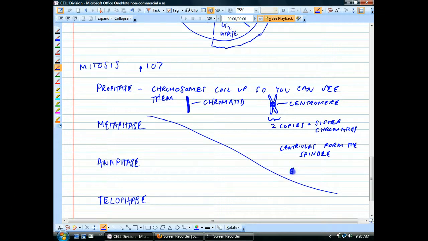Basically, a centriole is a little organ that works almost like a little pulley system. And the spindle is made of cytoskeleton fibers that join like this. Okay? This is the spindle.